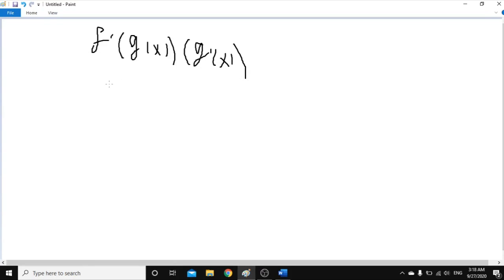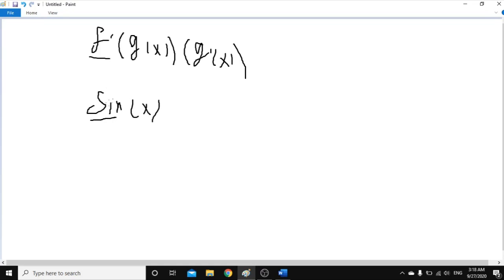Let's take some example if you find it difficult a little. Let's use, for example, sine of x. Okay, the derivative of sine is cosine, but why or how is cosine? Let me explain it. Here is f prime, which means this function is sine.